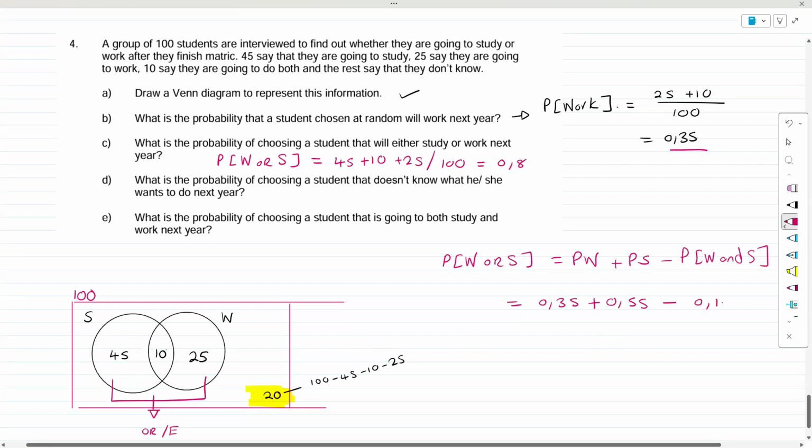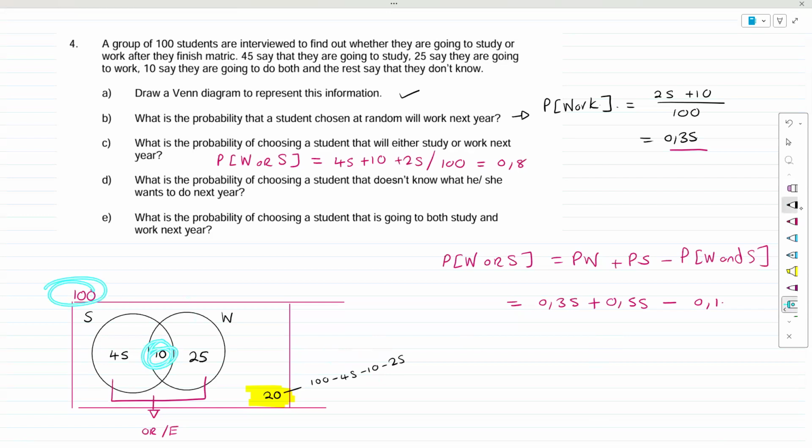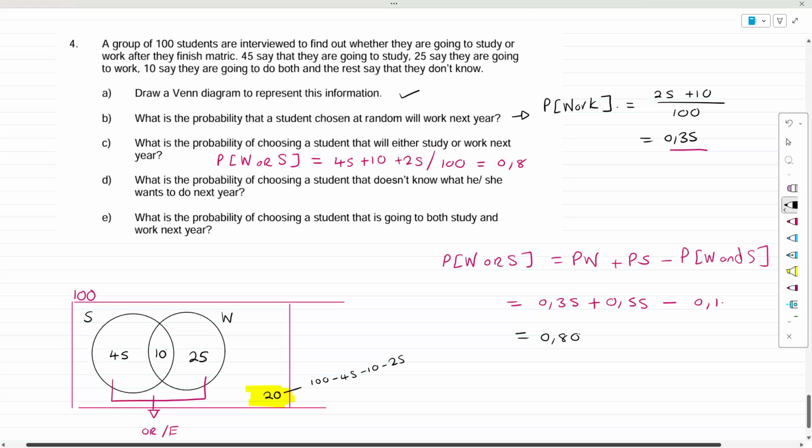Guys, this 0.1, 0.55, 0.35, these are percentages, decimals. You take the 10, divide by 100, and you get it. And if I'm not mistaken, this should be equal to 0.8. And we are correct. So that's done.